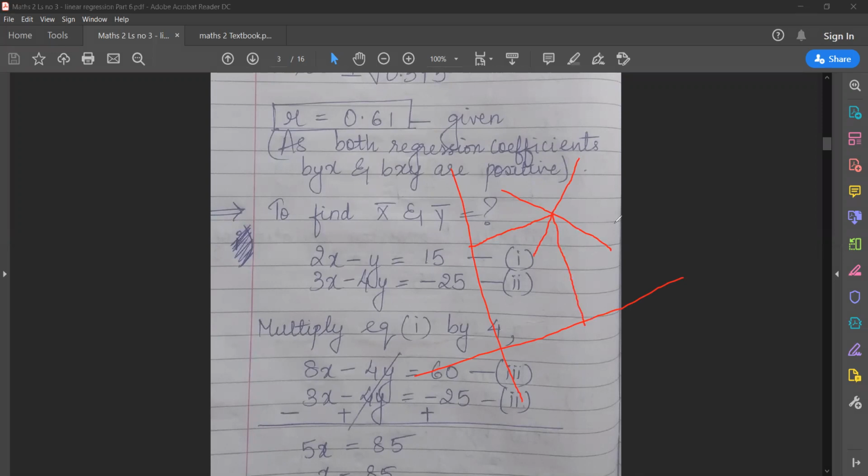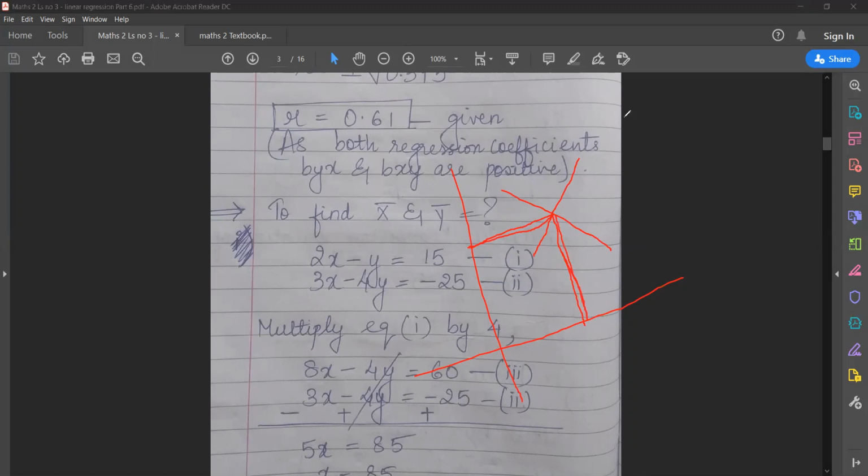And when I solve the equations of those lines and I get the value of x, I can substitute in any equation. It is not that I have to substitute only in the first or only in the second. If I put the value of x and y in any equation, the condition will be satisfied. So can I say that x and y is nothing but x bar and y bar respectively?